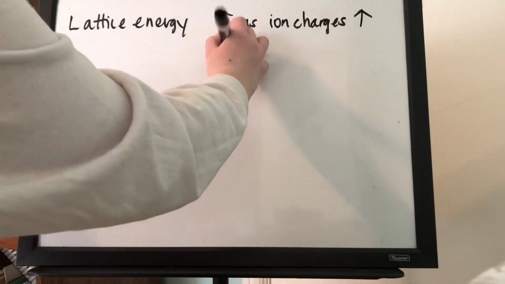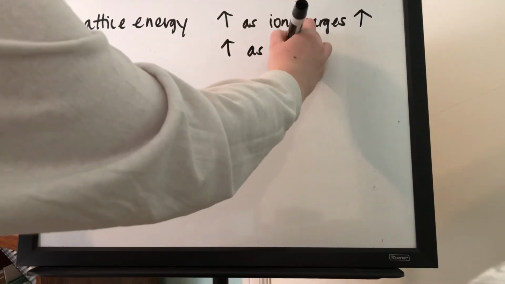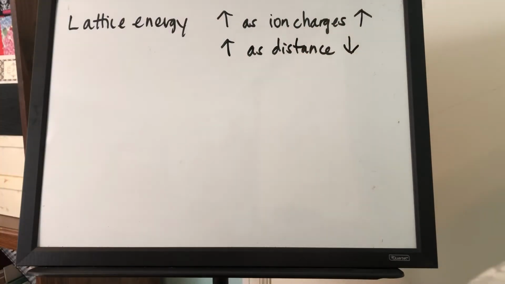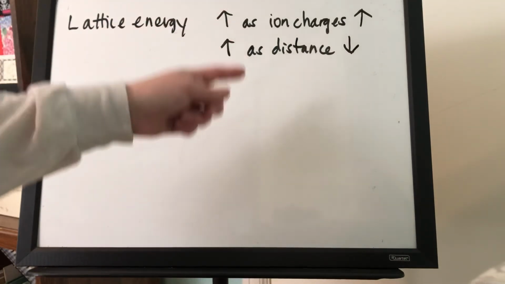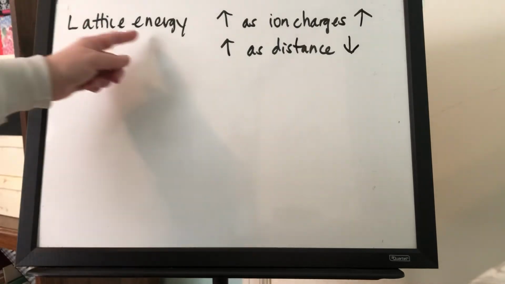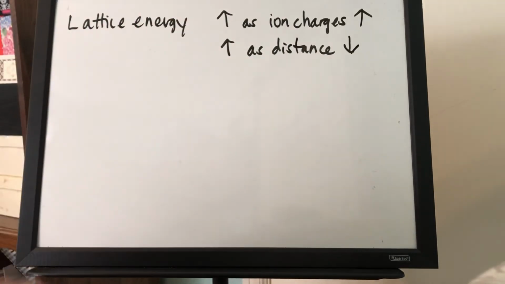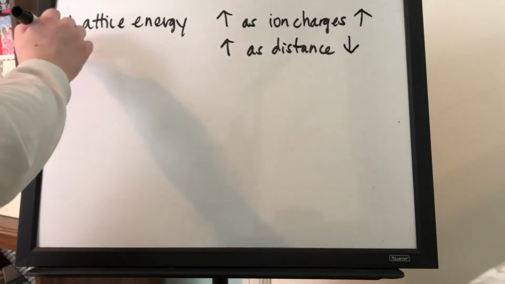Lattice energy increases as the distance between the charges decreases. You could switch it around and do the reverse: lattice energy decreases as the ion charges decrease, or lattice energy decreases as the distance between the particles increases. You could think about it both ways, but this is our takeaway point for lattice energy.